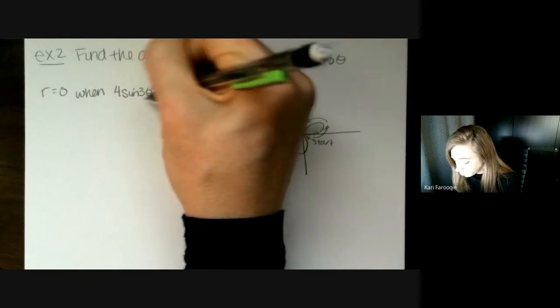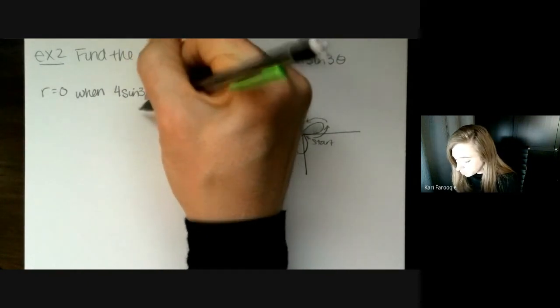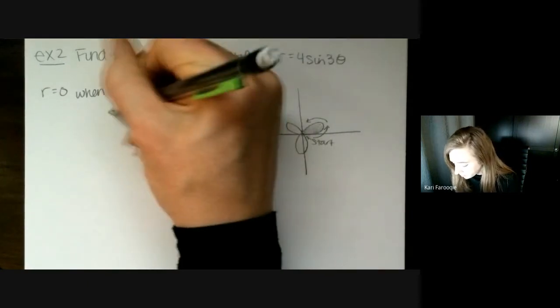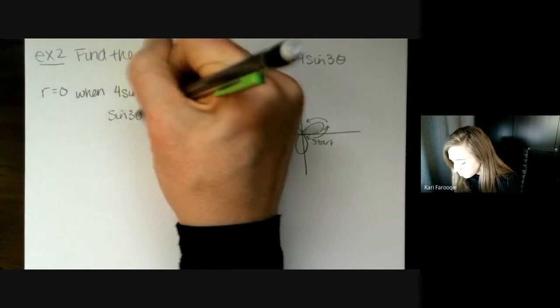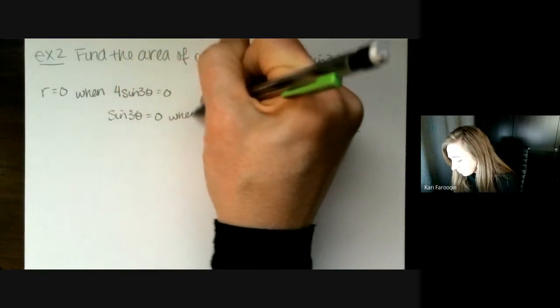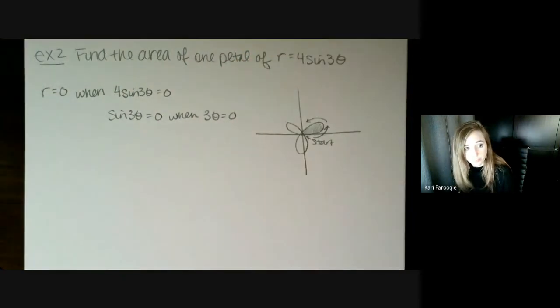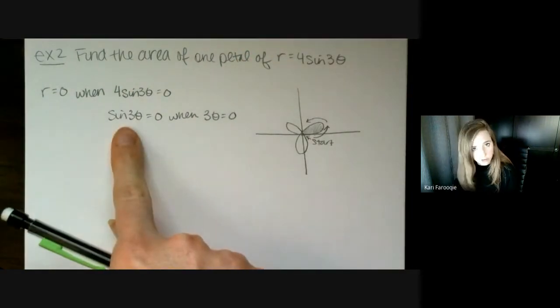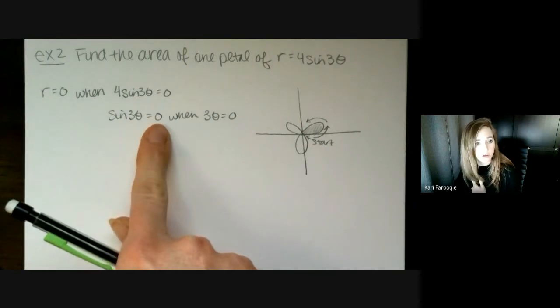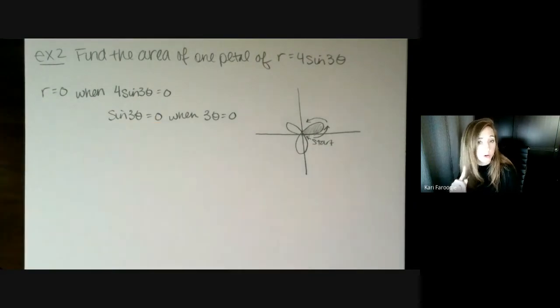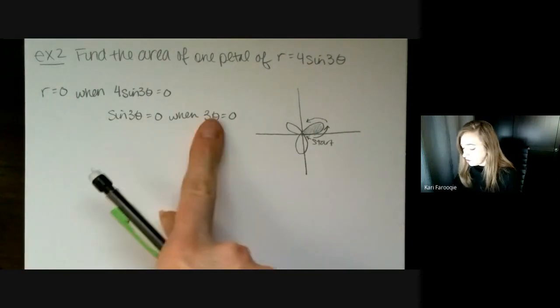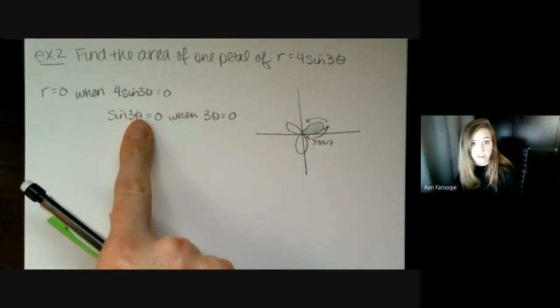Your sine function is going to be equal to 0 when 3 theta equals 0. So sine 3 theta equals 0 when 3 theta equals 0. Because remember, I just need sine of 0 to get to 0. That doesn't work the same with cosine. The cosine of 0 is 1.